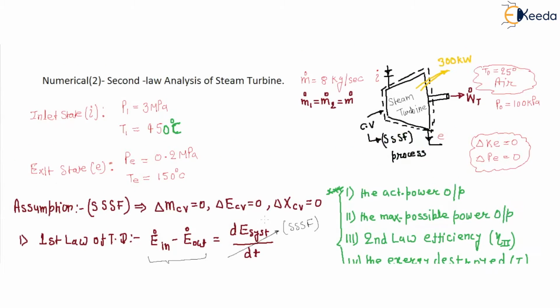You calculate h1 from the steam table, from this data. If you see, this is 3344.9 kilojoule per kg.